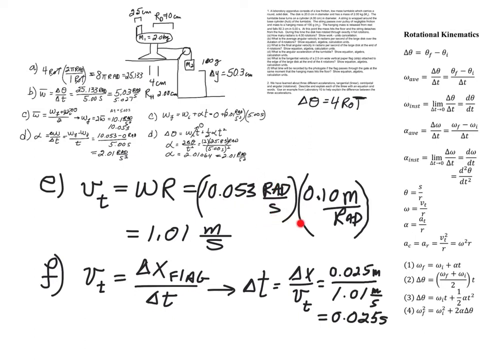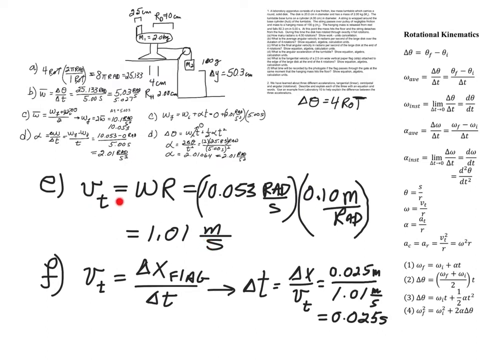Notice I put the units in, times the radius of the disk, because it's the distance the flag is from the center of the circle. I put that in meters, 0.10 meters, and that's the radius, so it's meters per radian, and the radians will cancel. And so we end up with 1.01 meters per second.